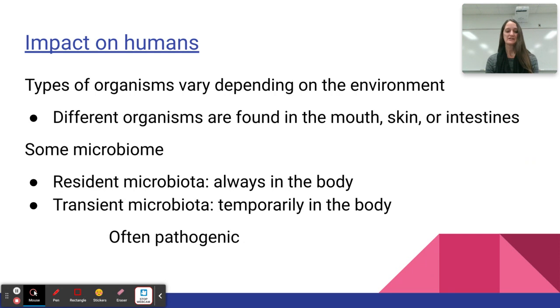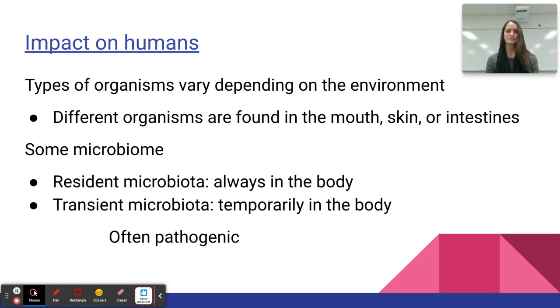So we've talked a lot about the impact on humans, and one thing with the impact with humans, the types of organisms that interact will vary depending on the environment that they're in. So when we look at just humans as the example, there's different organisms that are found in different parts of the body, whether that be your mouth, your skin, or your intestines.